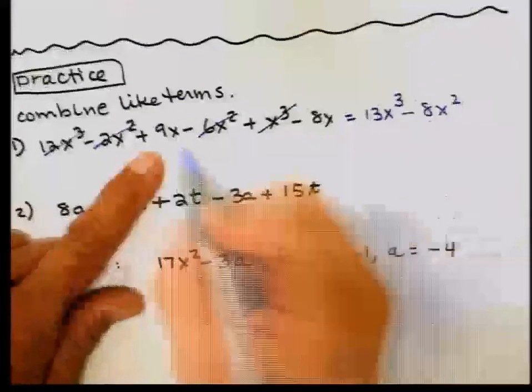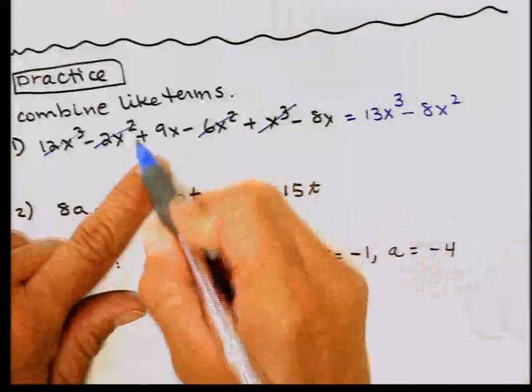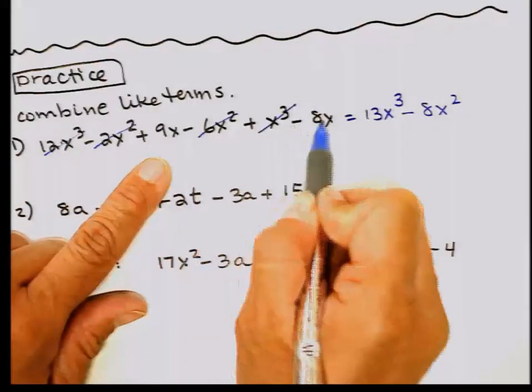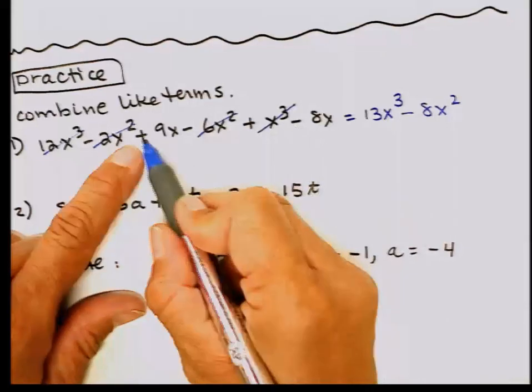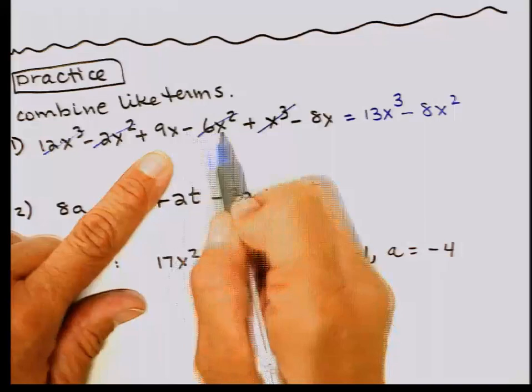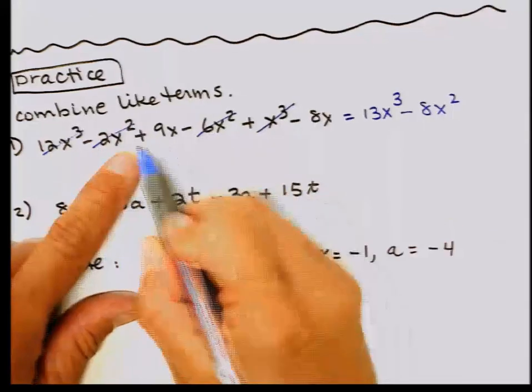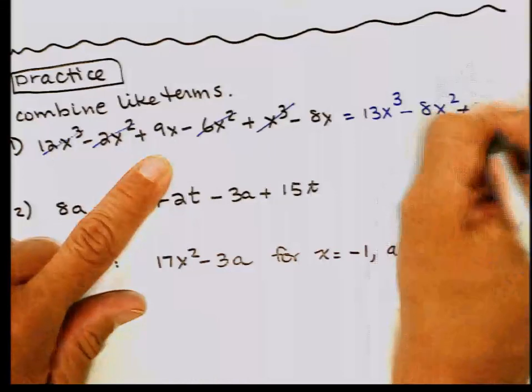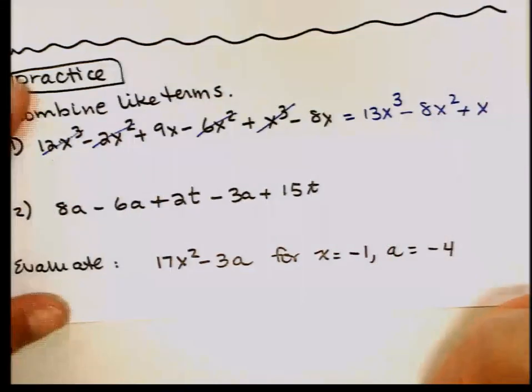And lastly, 9x, positive 9x, minus 8x. Remember, it's the sign in front that goes with the term. So it's a positive 9x. This minus sign went with the 6x squared. Okay, so it's done. So positive 9x minus 8x is positive x, or just plus x.